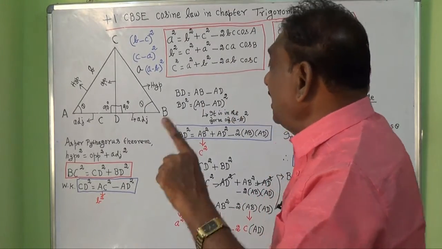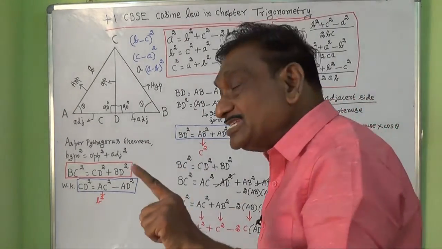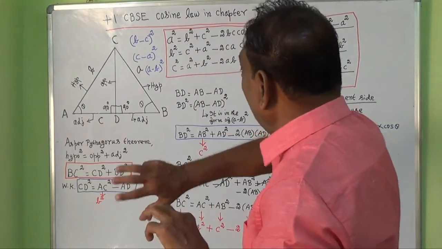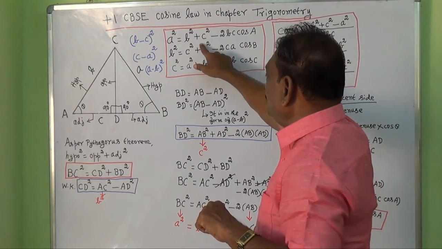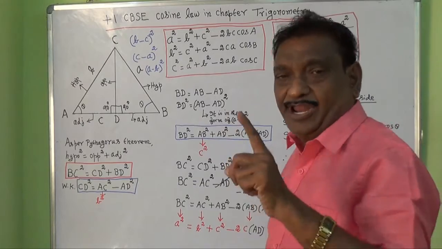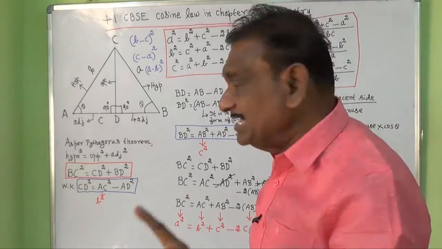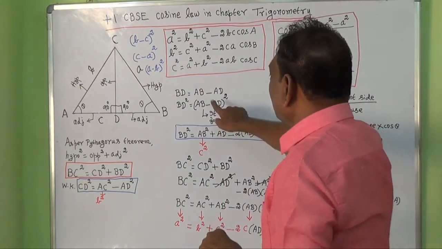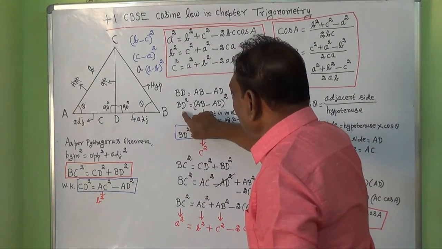Because the side AB represents the side c, so that we will get the second term c square. For that purpose we are going to write BD as AB minus AD. Then what is BD square?